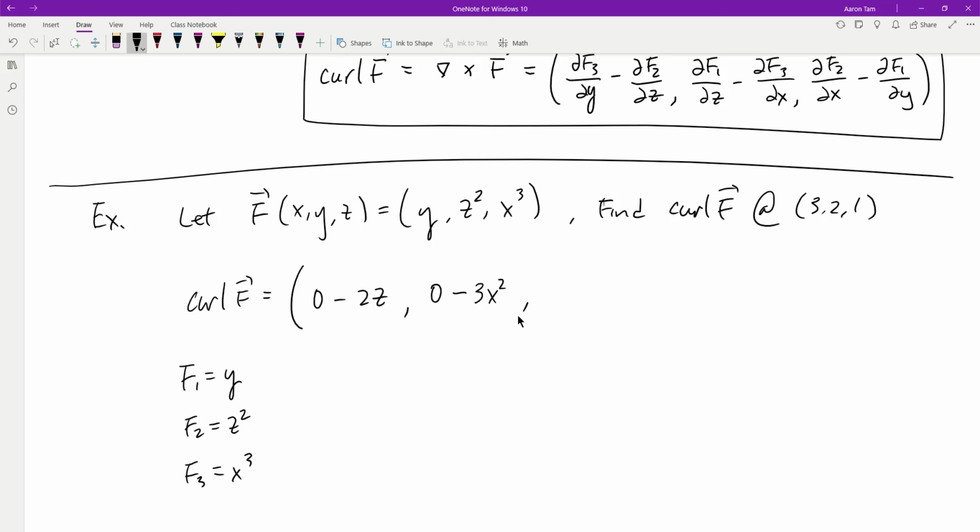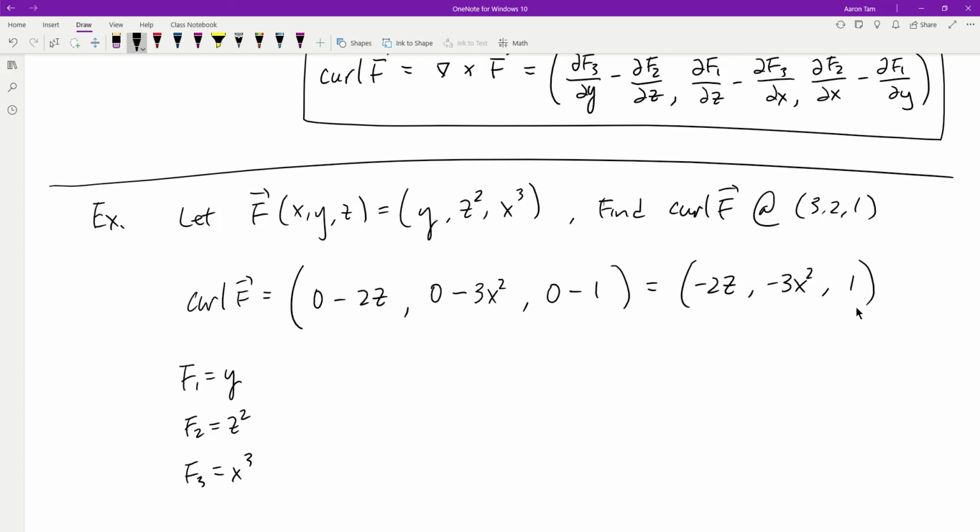And then the last one is df2 over dx, and f2 is z squared, so when differentiated with respect to x it is 0, minus df1 over dy, which is 1, so it becomes 0 minus 1. So the curl of f equals negative 2z, negative 3x squared, negative 1.